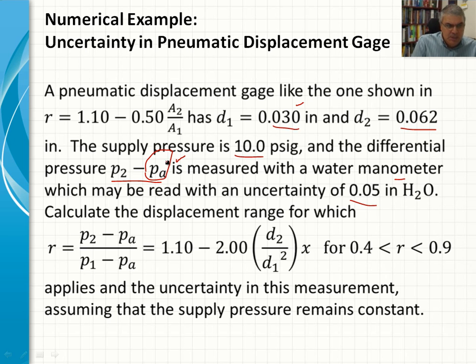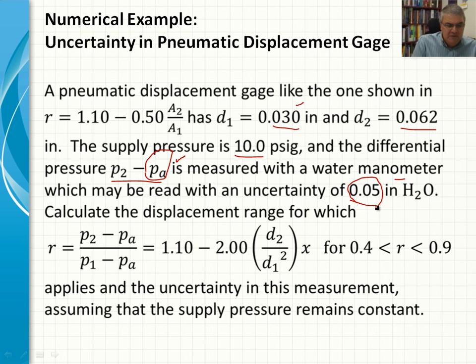But the uncertainty is with the differential pressure P2 minus P sub A, and that uncertainty is 0.05. It doesn't have any units because the unit would be according to what the readings would be. So it's just a plus or minus 0.05, as you've seen with some of our previous examples that you have solved as part of your lab book.